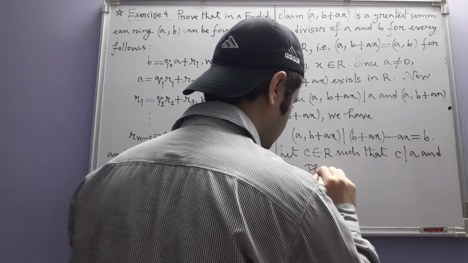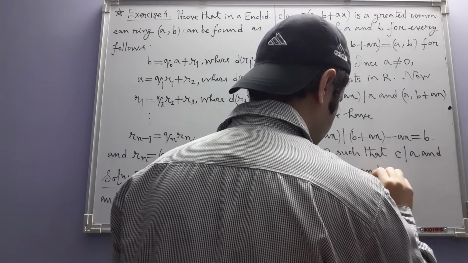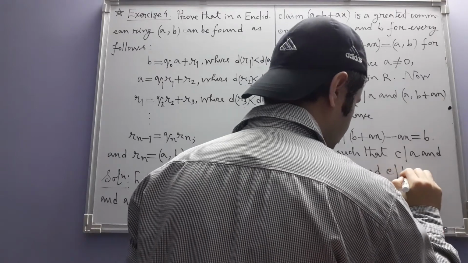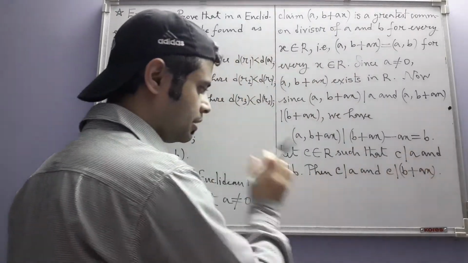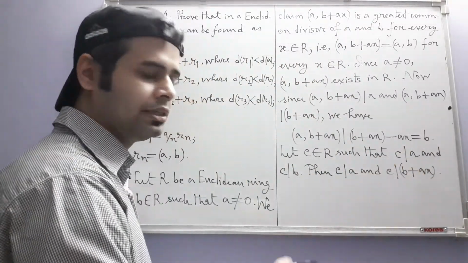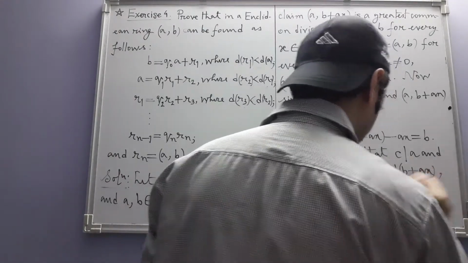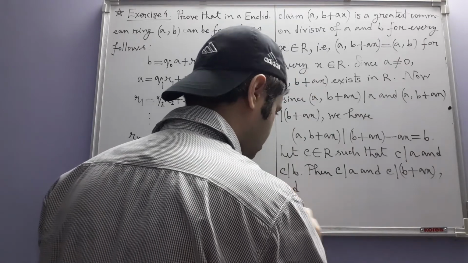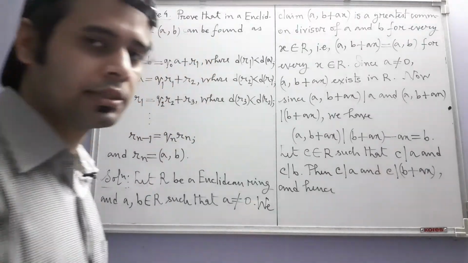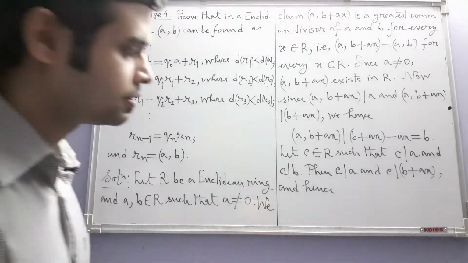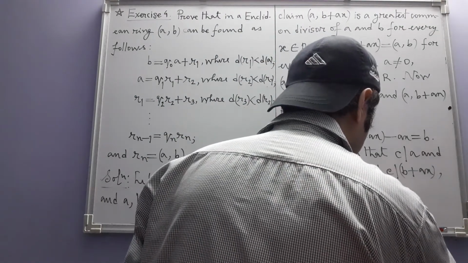Then C divides A and C divides B plus AX, and this is coming from these two relations. Whatever X may be, that does not matter. X is some element in R, and hence since C divides both A and B plus AX, C will divide their greatest common divisor. So C divides this greatest common divisor.